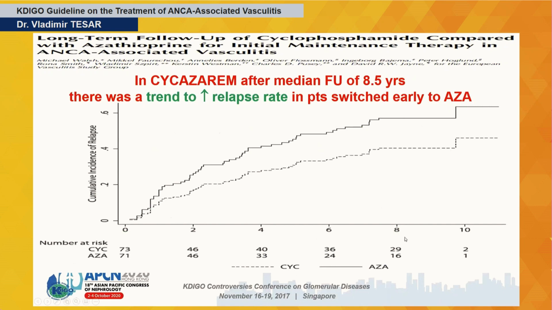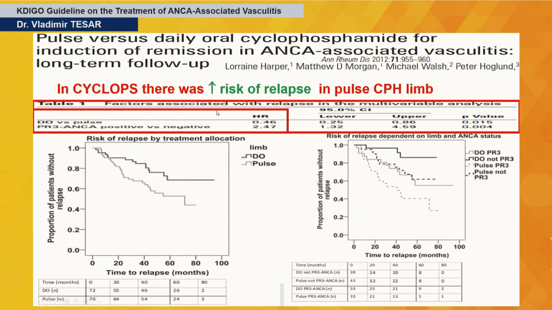But during the long-term follow-up, there was always at least a trend to a higher relapse rate in patients with a lower cumulative dose of cyclophosphamide, as you see here using the data from CYCLOPS, and this was very similar in the other trial.